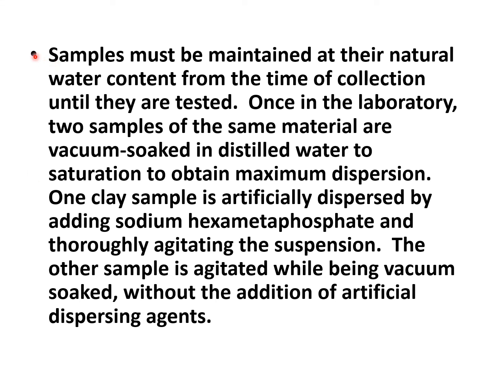Well, samples must be maintained at their natural water content from the time of collection until they are tested. Once in laboratory, 2 samples of the same material are vacuum soaked in distilled water to saturation to obtain maximum dispersion. One clay sample is artificially dispersed by adding sodium hexametaphosphate and thoroughly agitating the suspension.